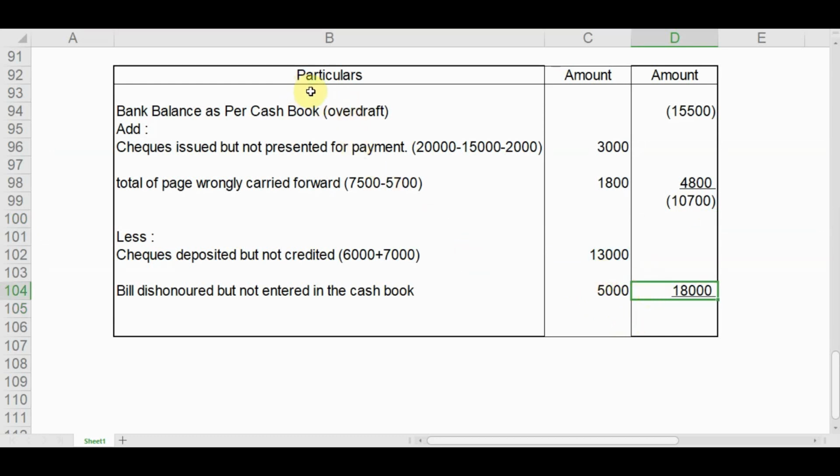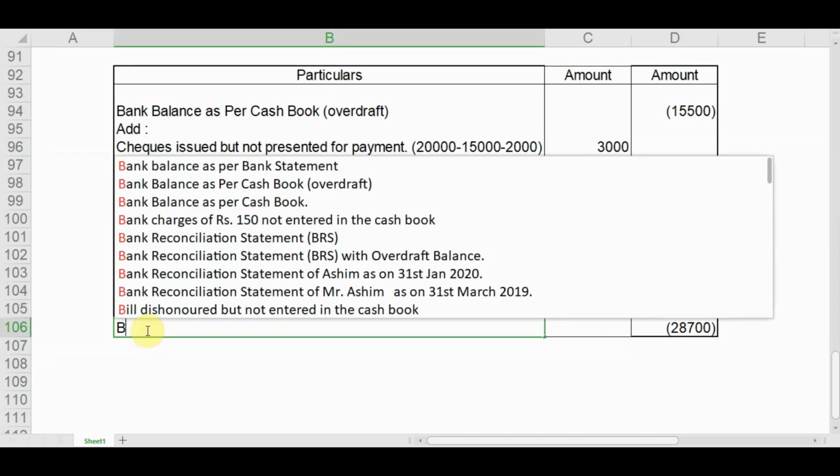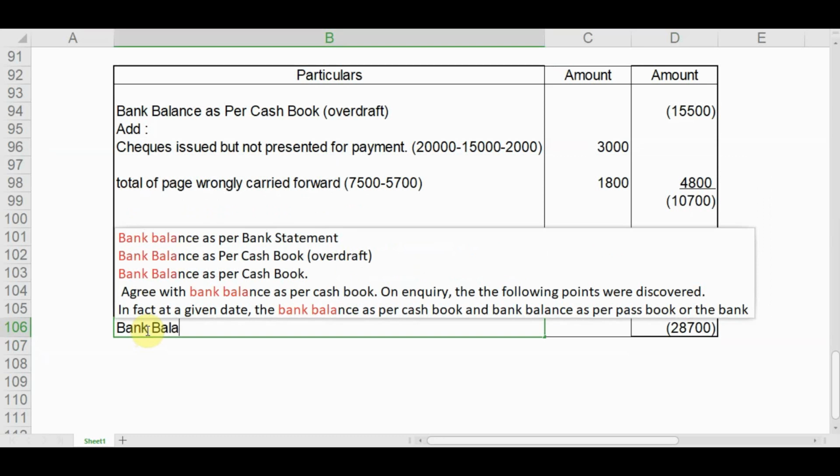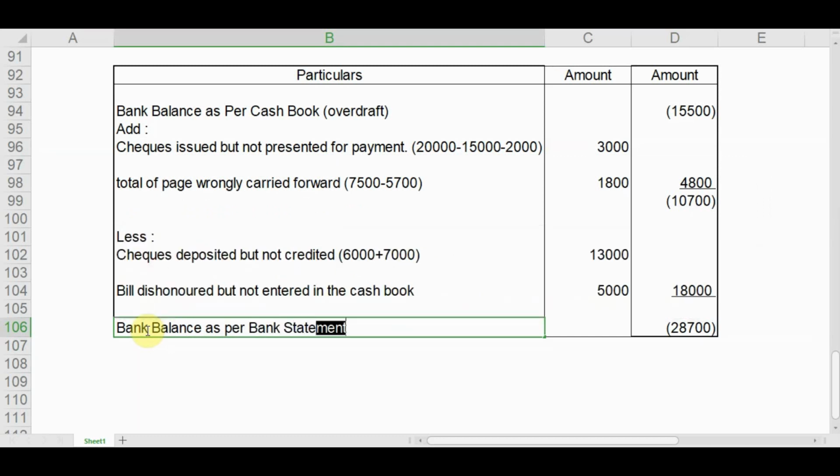Again, if we deduct this 18,000 from this negative 10,700, what we get here is 28,700 negative balance. This is the bank balance as per bank statement or passbook, which is overdraft because it shows a negative balance.